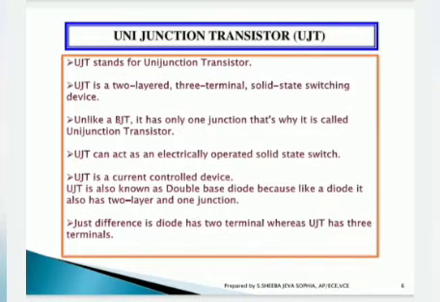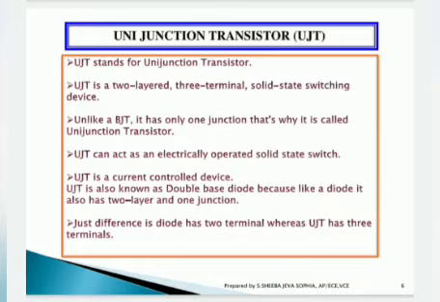Uni-junction transistor UJT is a two-layered, three-terminal solid-state switching device. Unlike BJT, it has only one junction. That's why it is said to be a uni-junction transistor. This UJT can act as an electrically operated solid-state switch, and so it is a current control device.